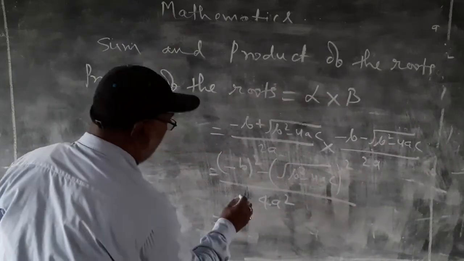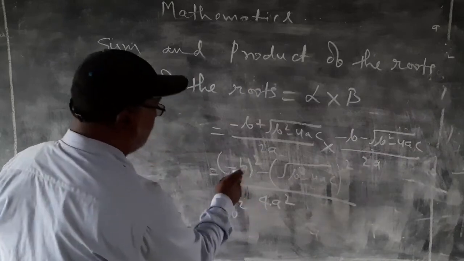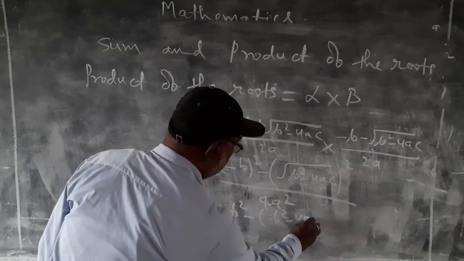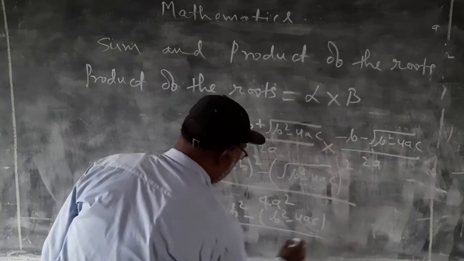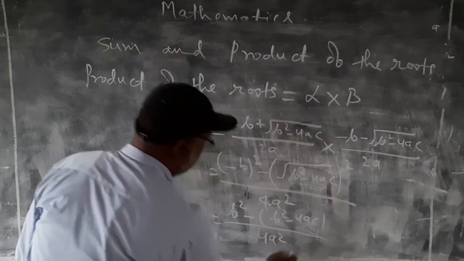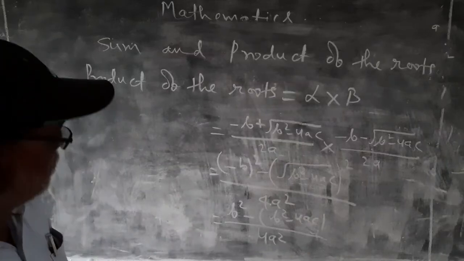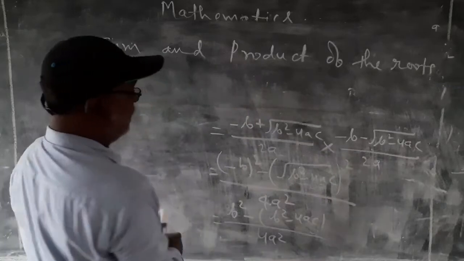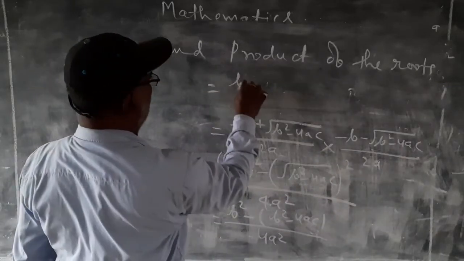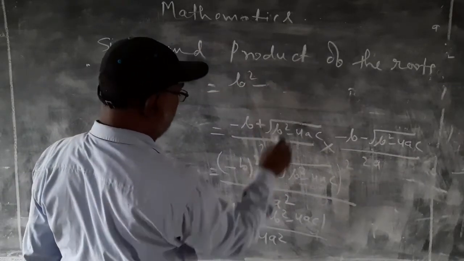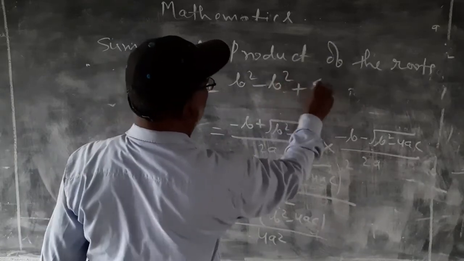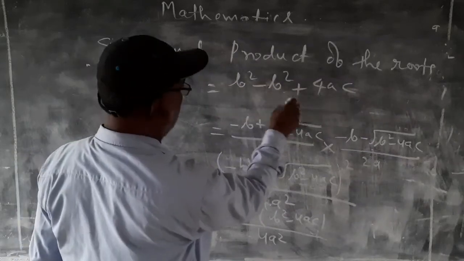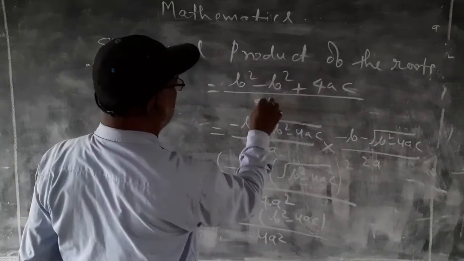Now on simplifying you get b square minus (b square minus 4ac) by 4a square. And on simplifying, you have b square minus b square plus 4ac, divided by 4a square.